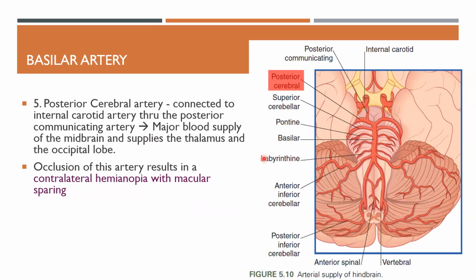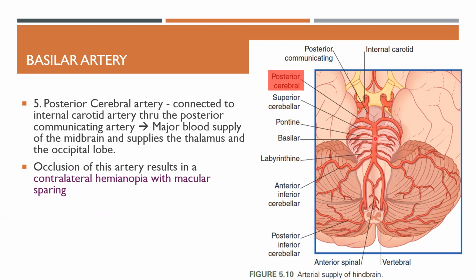Here you see the cerebellum. At the posterior inferior portion, you have your PICA. From your vertebral artery, you have your anterior spinal artery, located anterior to your spinal cord. You have here the AICA, a branch of your basilar artery. The pontine arteries supply the base of the pons.